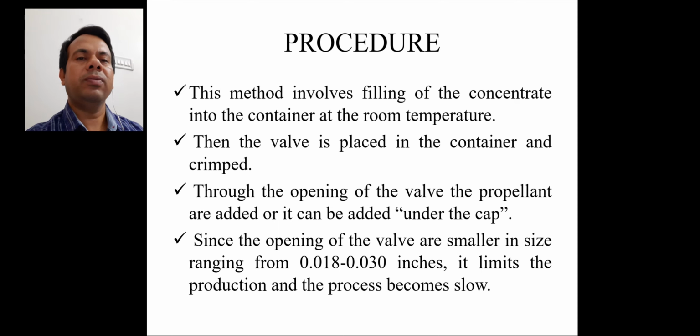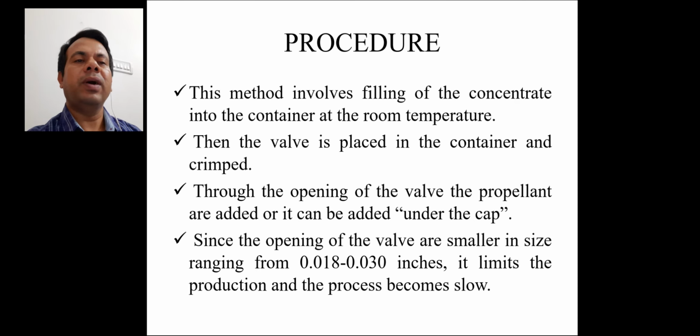Next is procedure. This method involves filling of the concentrate into the container at the room temperature. Then the valve is placed in the container and crimped. Through the opening of the valve, the propellant is added, or it can be added under the cap.